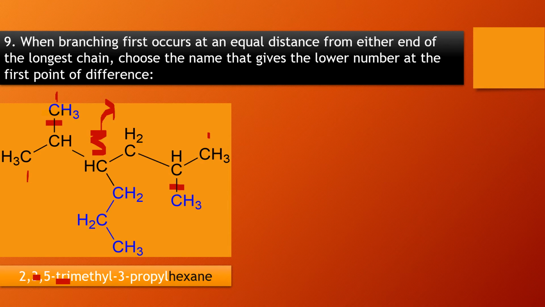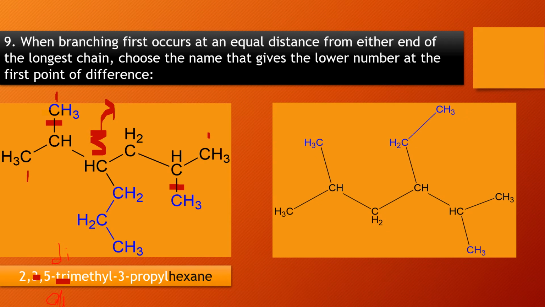Sorry, there is a little bit, this is down, right? So 2,5-dimethyl 3-propyl hexane, right? In this example, the first work is to select the longest chain.